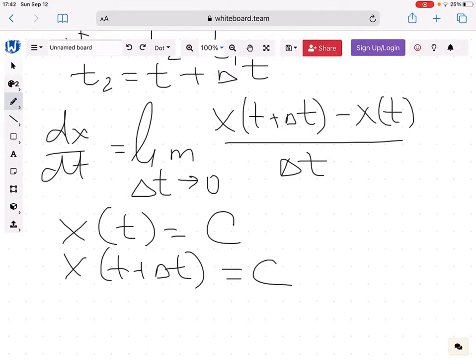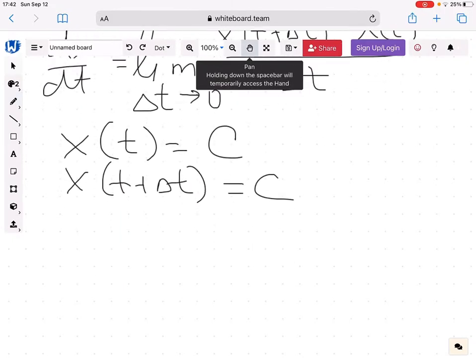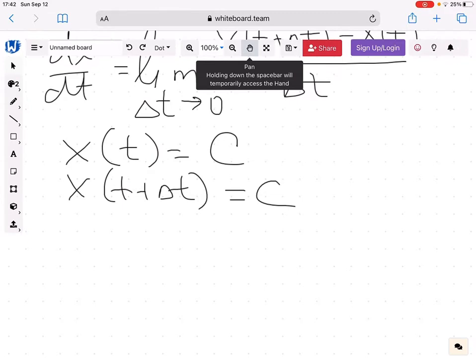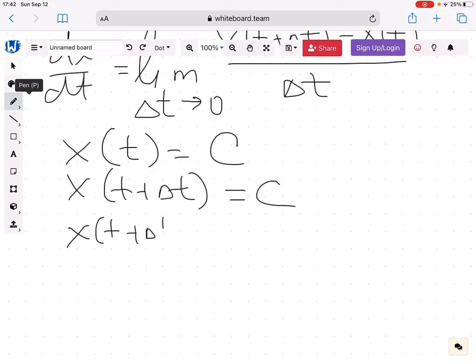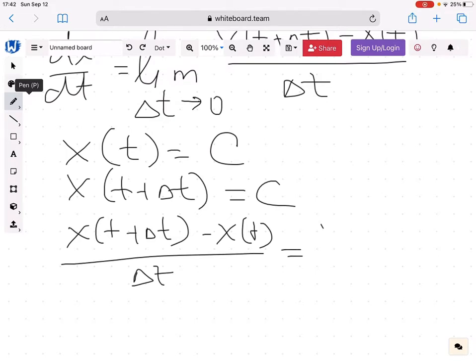The next thing we want to do is calculate x of t plus delta t minus x of t, divided by delta t. Well, it's c minus c divided by delta t, which is 0 divided by delta t, which is 0.